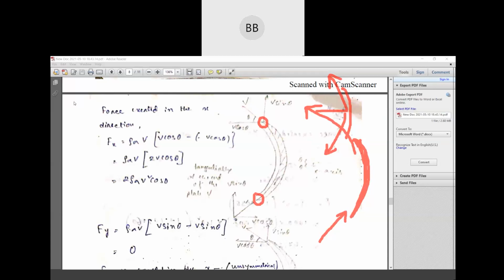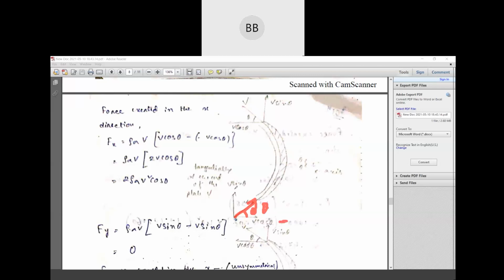So in those cases, when it strikes at one end, it makes an angle with the x-axis. Again we have to resolve into two components, one is cos θ, one is sin θ, and similarly when it goes out, it again makes an angle with the x-axis. Again this will be your cos θ and sin θ.